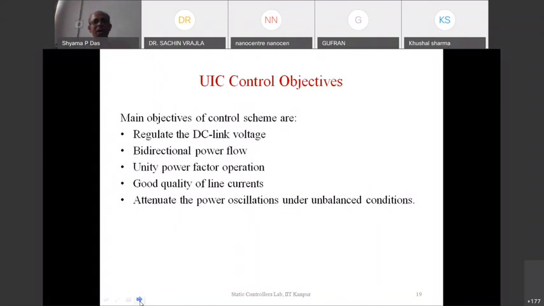Okay, and we have the unity power factor operation, and we have to have good quality of line currents, and we have to attenuate the power oscillation under unbalanced condition. It means when the voltages are unbalanced, the power oscillation has to be suppressed. Next slide, please.